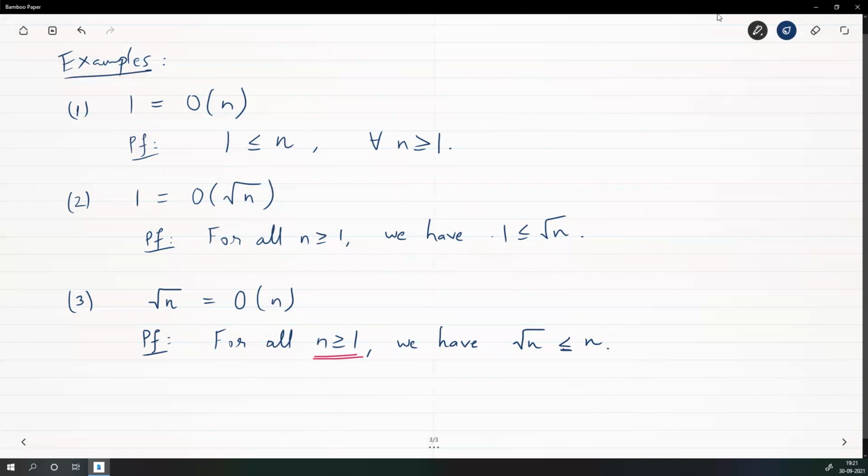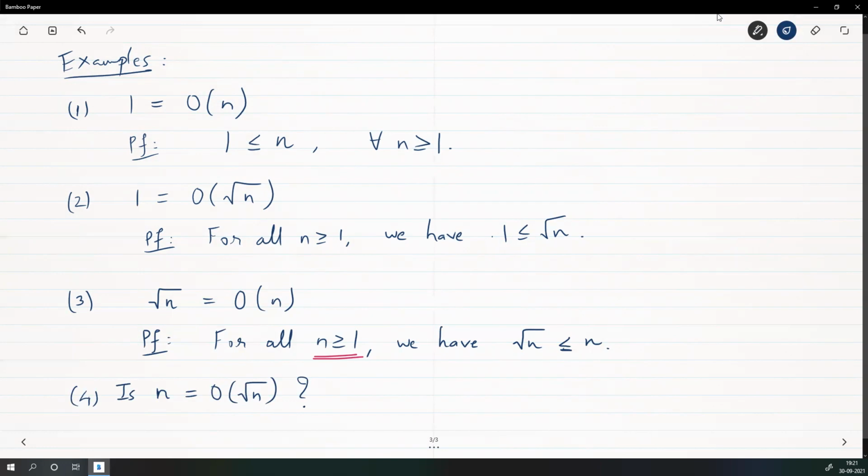Okay, fourth one. Now let us see: is n big O of square root n? What is the guess?